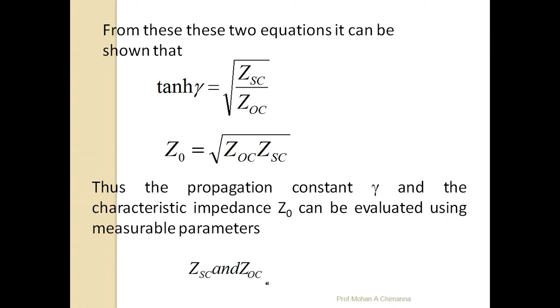From these two equations we can show that tanh of gamma is equal to square root of ZSC upon ZOC. But we know Z0 is equal to square root of ZOC into ZSC. So the propagation constant gamma and the characteristic impedance Z0 can be evaluated using the measurable parameters ZOC and ZSC.